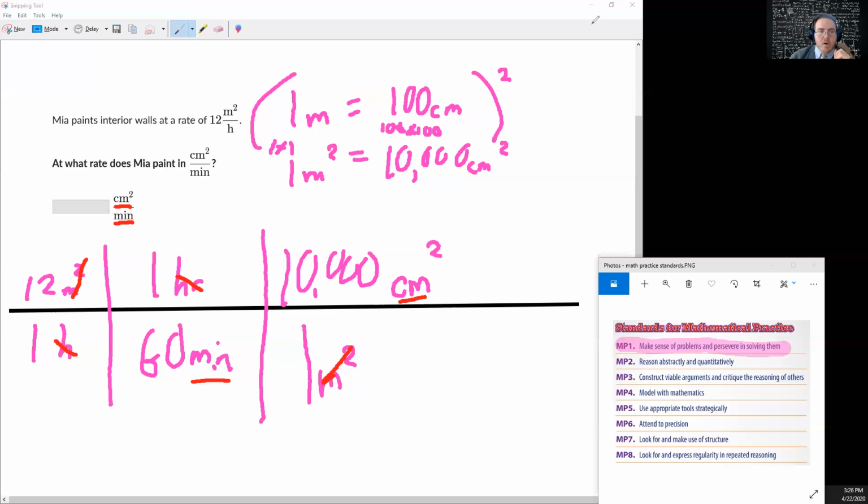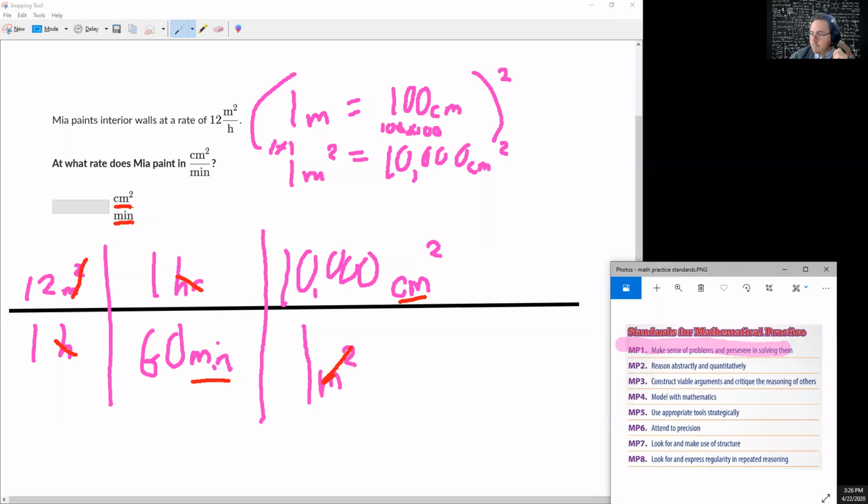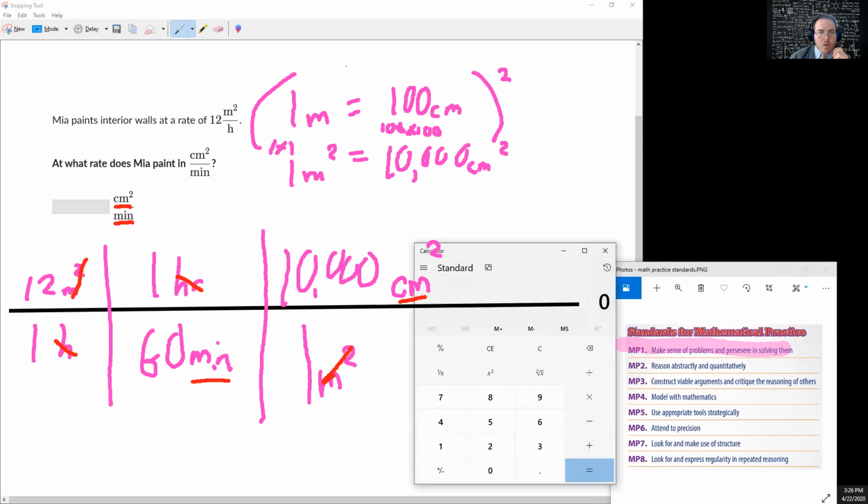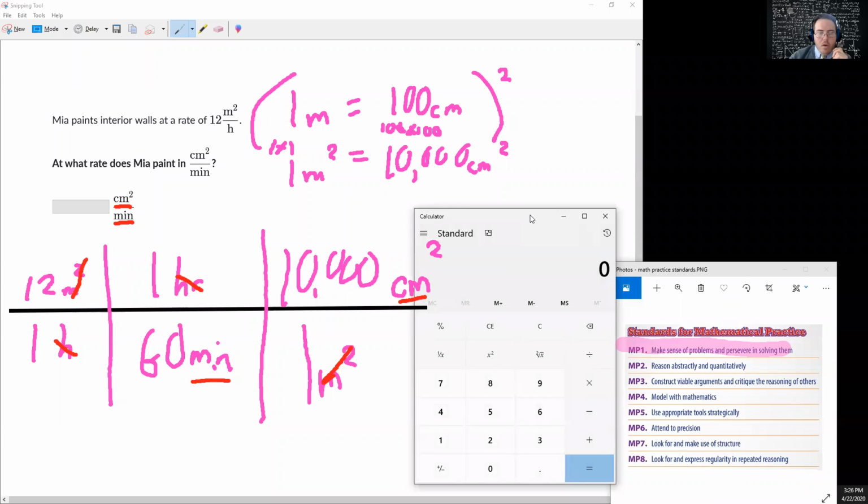Let's just grab our trusty calculator. See what this says.